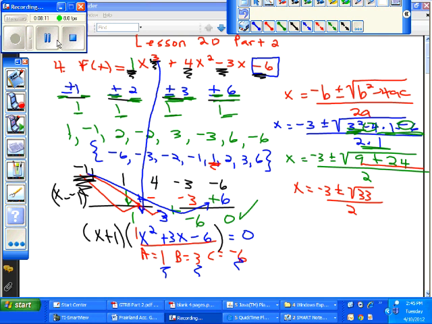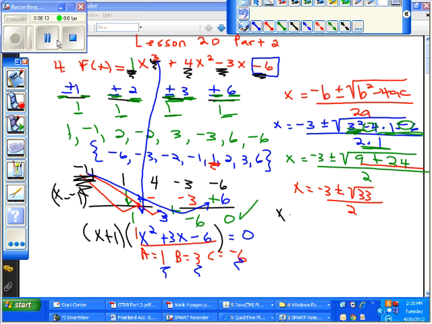And so then we split it into the two possible solutions. x is equal to negative 3 plus square root 33 over 2, or x is equal to negative 3 minus square root 33 over 2. And so we have three solutions.